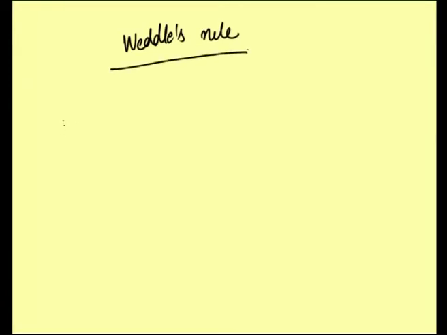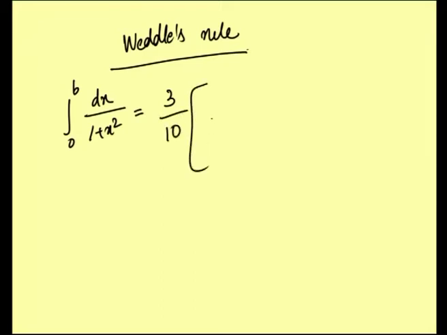Next, by Weddle's rule, we have integral 0 to 6 dx by 1 plus x square is equal to 3h by 10. h is 1, therefore 3 by 10. First 1 plus 0.027, this is actually the first and last coordinate, plus 5 times remaining.